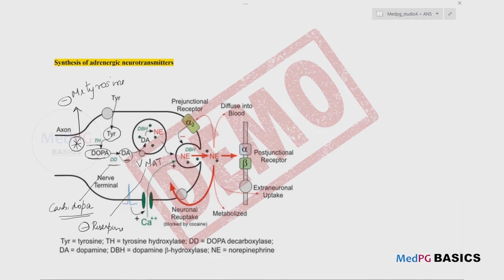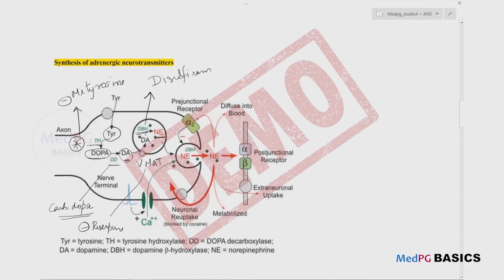Reserpine was used for hypertension and some other disorders like hemiballismus and tardive dyskinesia, but these days its use is being reduced. The main side effect of reserpine is depression. Once dopamine reaches the synaptic vesicle, it is converted with the help of dopamine beta hydroxylase into norepinephrine, and dopamine beta hydroxylase is inhibited by the drug disulfiram.